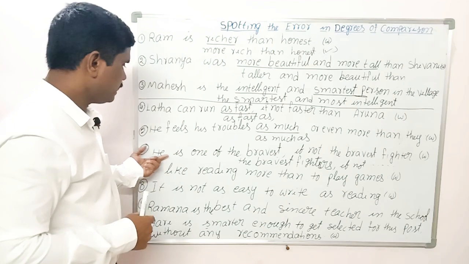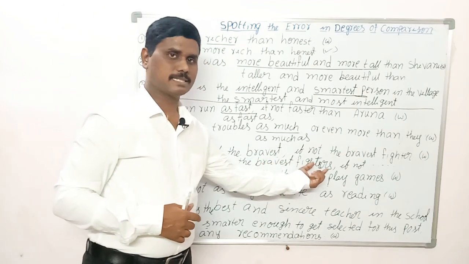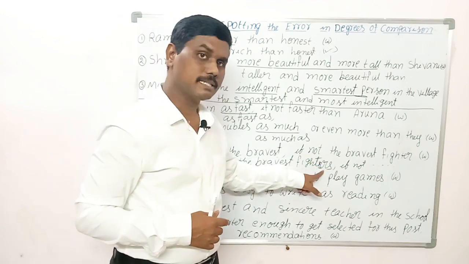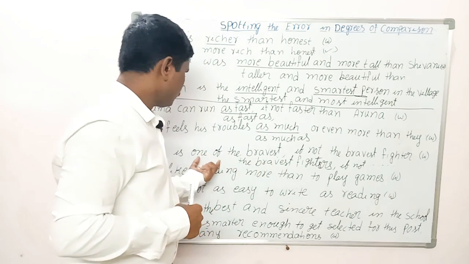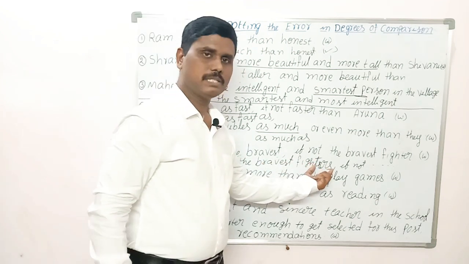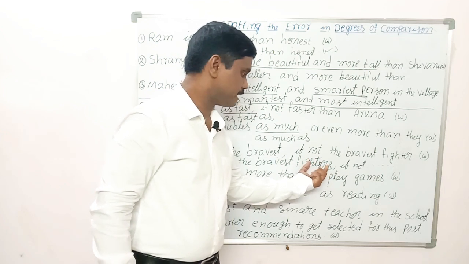Correct answer is he is one of the bravest fighters. Sometimes they will give like this, he is one of the bravest fighter, wrong. Whenever we find the word one of, here we write a verb, here we write a plural noun, fighters.